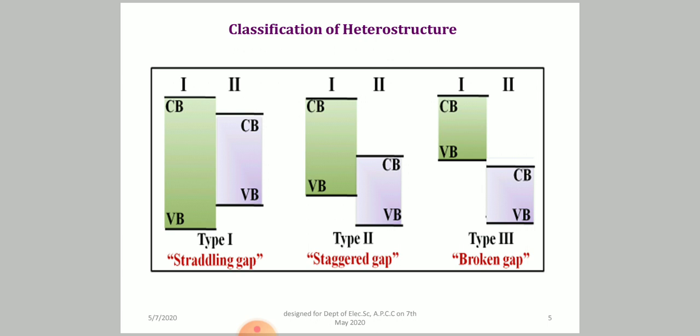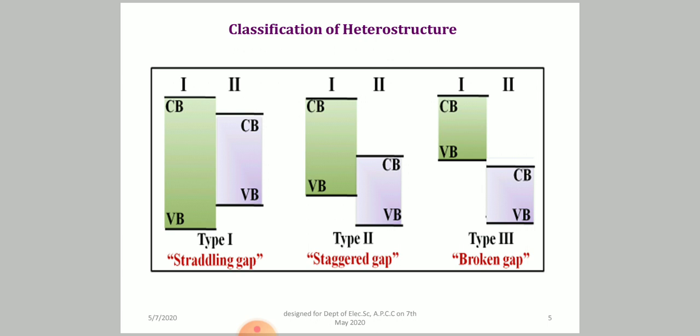I took two semiconductors of two colors, one is green, another is violet. The smaller band gap semiconductor, that means the violet one, is completely sandwiched, or better to say completely covered, by the green semiconductor, that means the larger band gap semiconductor. I am repeating again, the smaller band gap semiconductor is completely covered by the larger band gap semiconductor.